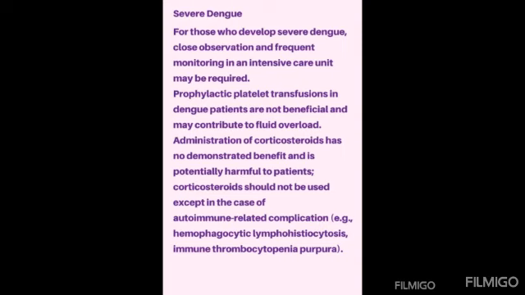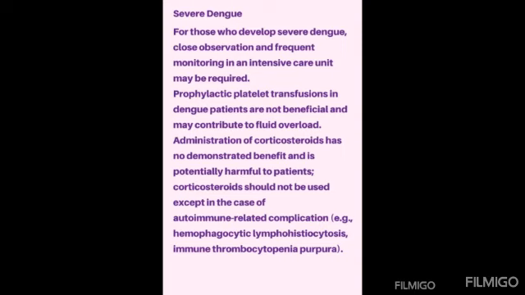For those who develop severe dengue, close observation and frequent monitoring in an intensive care unit may be required. Prophylactic platelet transfusion in dengue is not beneficial and may contribute to fluid overload. If there is a significant platelet count decrease, then we go for platelet transfusion. Otherwise, prophylactic platelet transfusion is not beneficial.